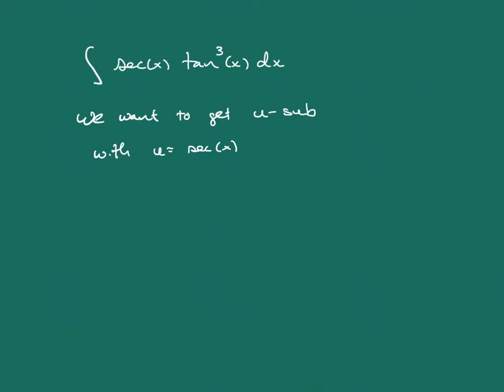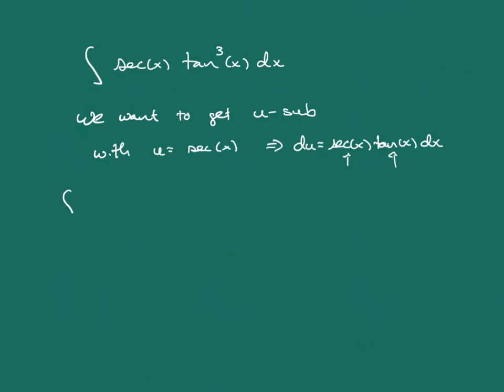And so for du, the derivative of secant becomes secant of x, tangent of x, dx. So what we need for our du is one power of tangent and one power of secant for this to work. And so in the cases that we've got that, let's see what happens.